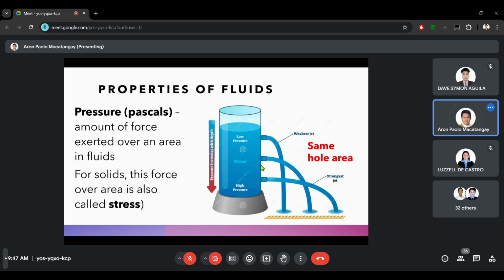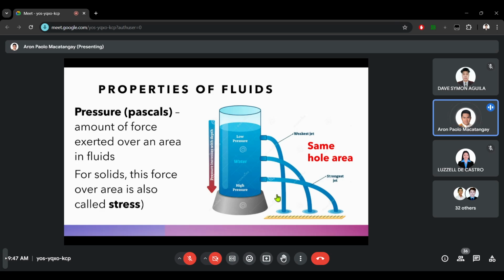Okay? This is also why, if you are in a high-rise building, the fluid flow or the water flow in the faucet of the lower floors is stronger than the water flow on the faucet of the higher units.